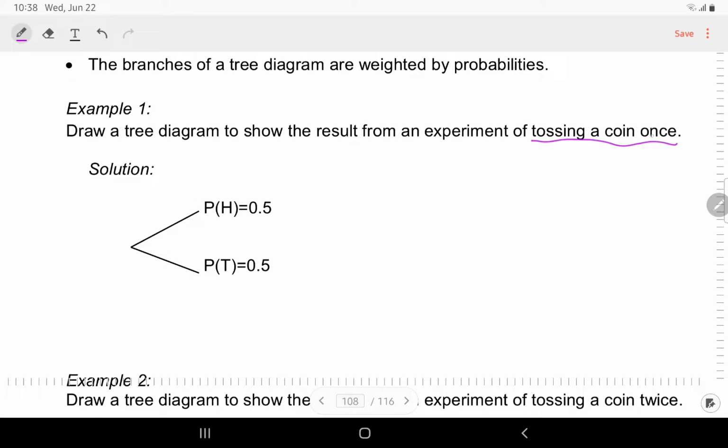So tossing a coin once, kita ada two outcomes, which is head or tail. So dekat sini kita ada P(H), probability for head equals 0.5 and probability of tail equals 0.5. Okay, kenapa 0.5? Sebab dia bahagi kepada 2 saja. Dekat sini total mesti 1. So kalau bahagi dengan 2, each one ni adalah 0.5.